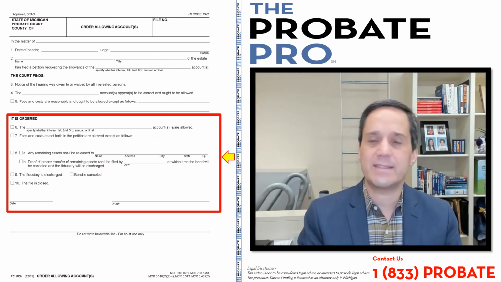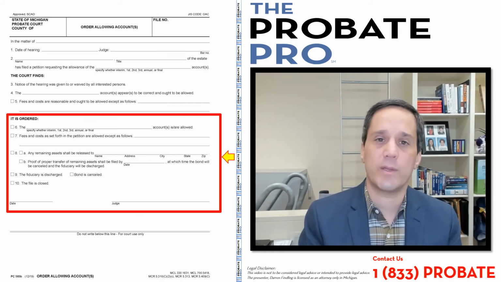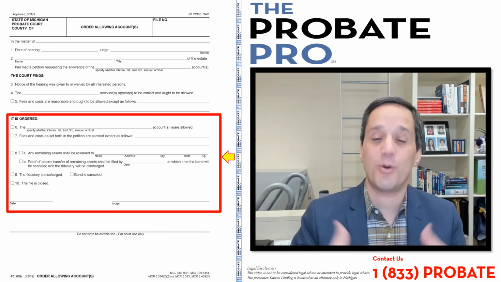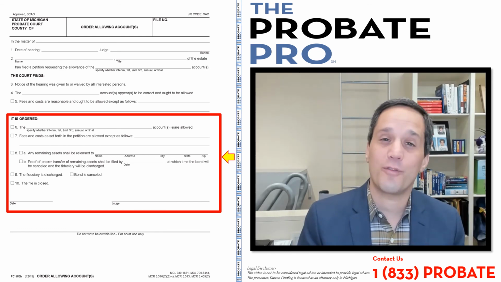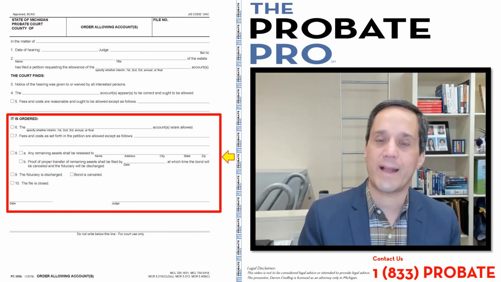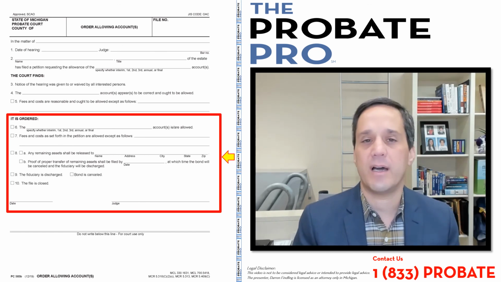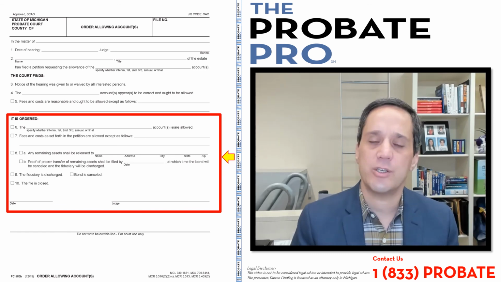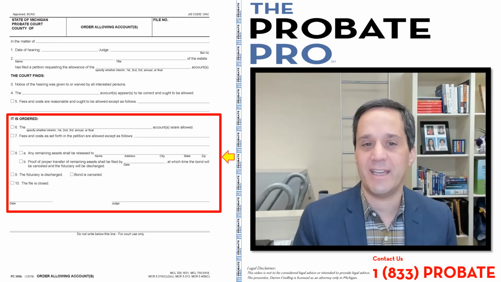So again, these little checkboxes there are really important to understand, because if you go through and you get a final account and you don't click that you're discharged, then you'd have to go and seek an order of discharge later on. So you really want to make sure that you complete the order correctly so that when the judge signs it, it fully encompasses all the rulings of the court and releases you of your liability.